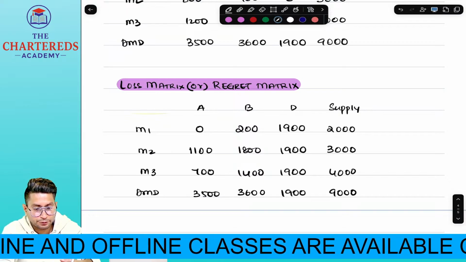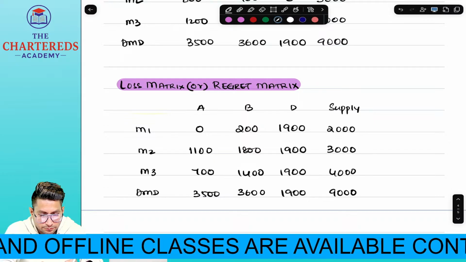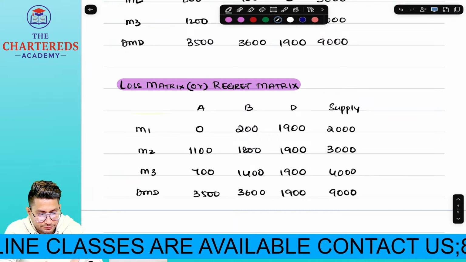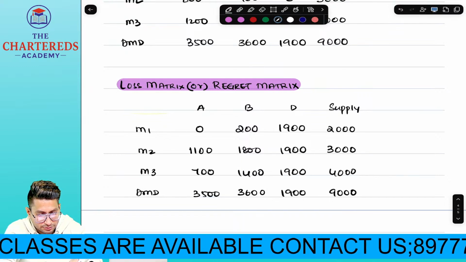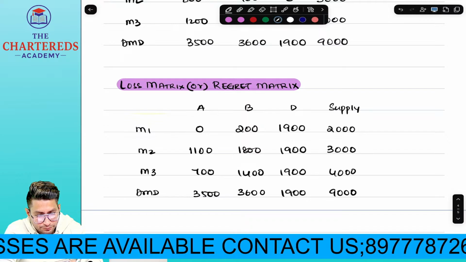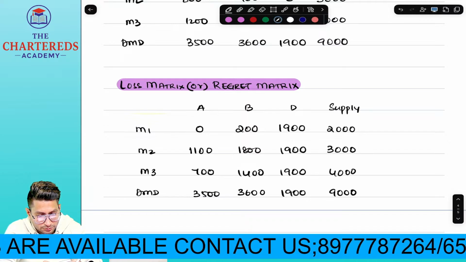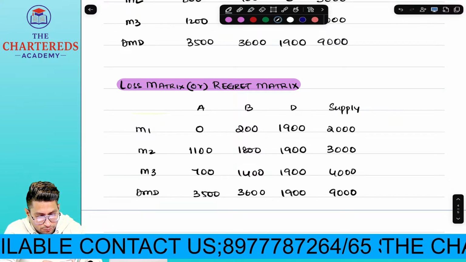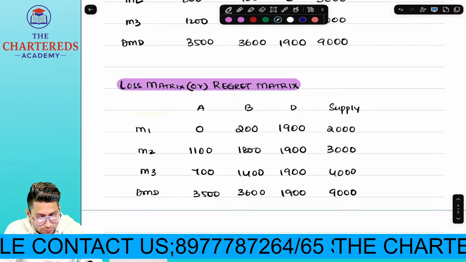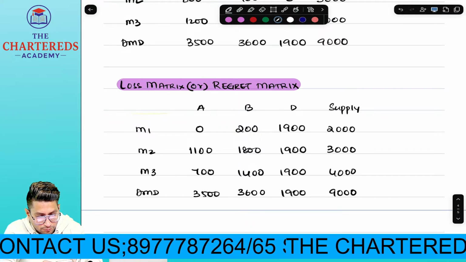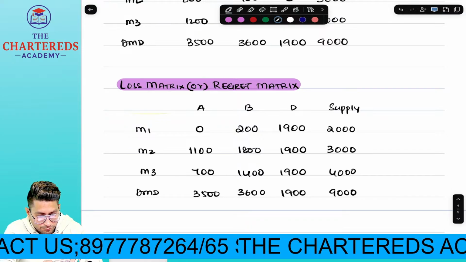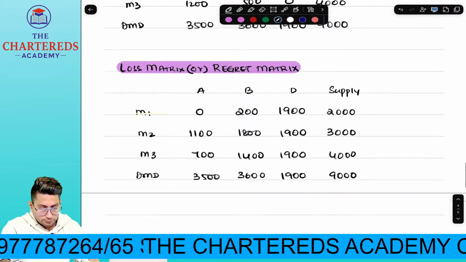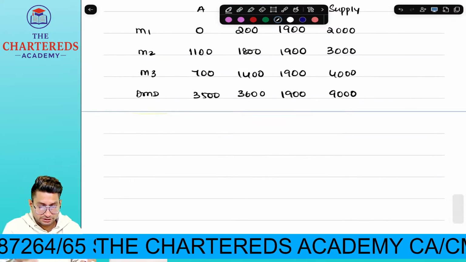Now, after this, what you have to do? Vogel's approximation method we have to apply. 1 minute. Now, let us prepare Vogel's approximation method.